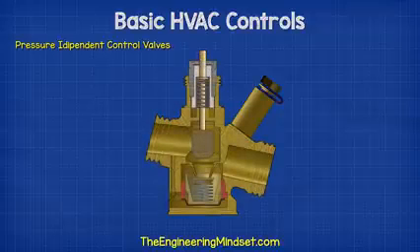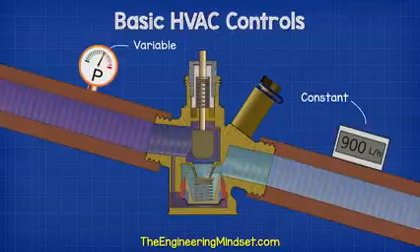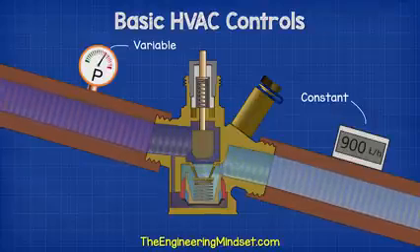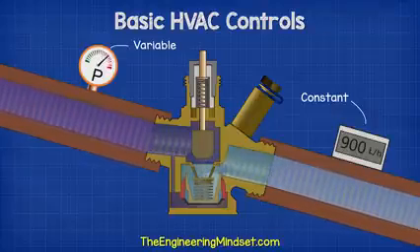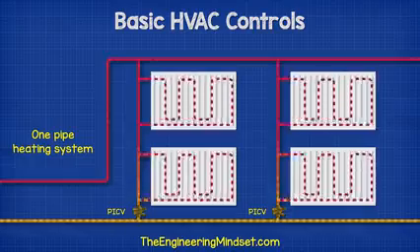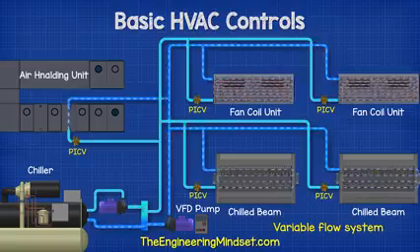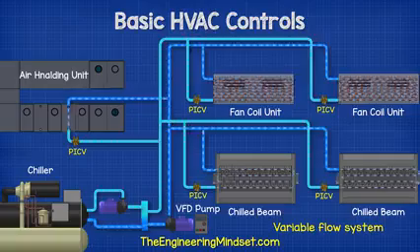Alternatively, we could use pressure-independent control valves. As the name suggests, these valves maintain a constant flow rate through the valve, independent of the pressure fluctuations in the system. These are used in heating systems, but also, for example, in a central cooling system in a commercial building, to control the flow rate through the fan coil units.